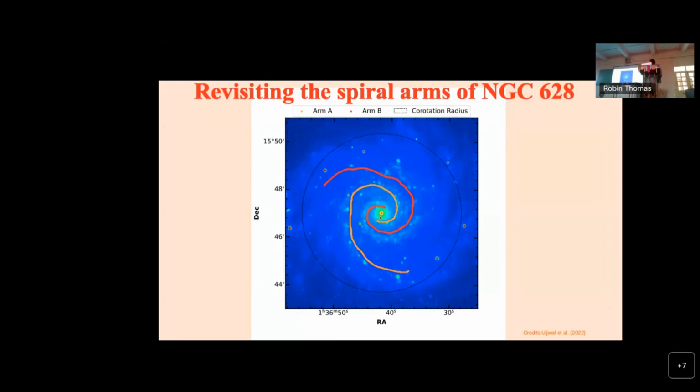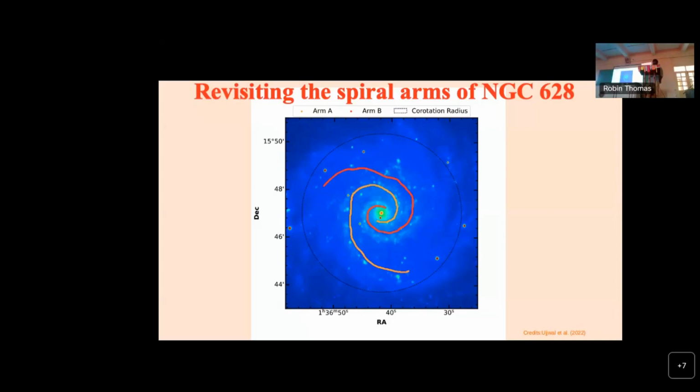So the idea is that stars are revolving around the galaxy, and there are spiral structures also. We are talking about star clusters here, but for the easiness of conveying, I will talk about stars. In the inner part of the galaxy, stars will be moving faster, and in the outer part, slower, right?